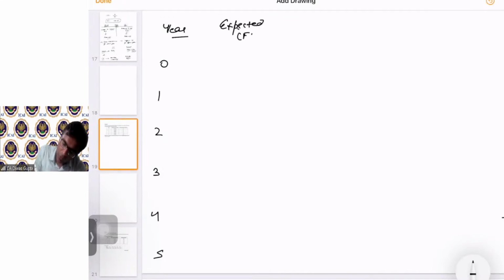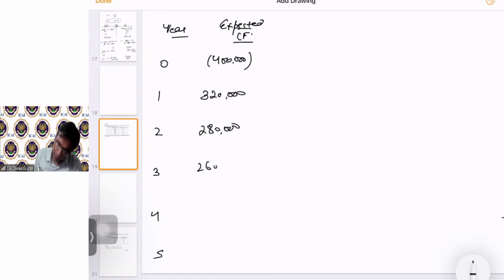Expected cash flow without any adjustment is what? Minus 4 lakh. 3,20,000 for the first year. Second year it is 2,80,000. Then 2,60,000. 2,40,000 and 1,60,000.